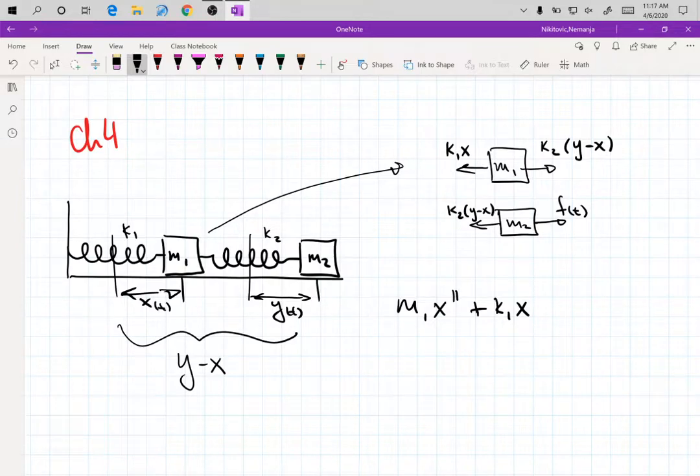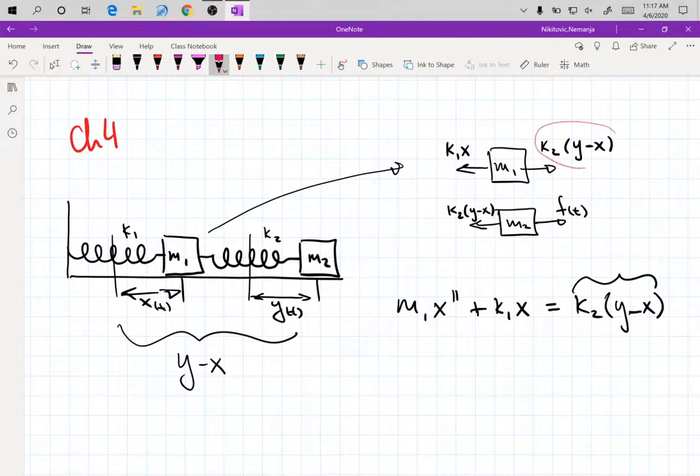And the function that bothers it would be given by k2 times y minus x. I hope that makes sense. I don't want to write f of t because I don't want you confusing it with this one. This is the function which bothers the top one. So it's not homogeneous, it's bothered by a function, and that function is obviously coming from the second mass.